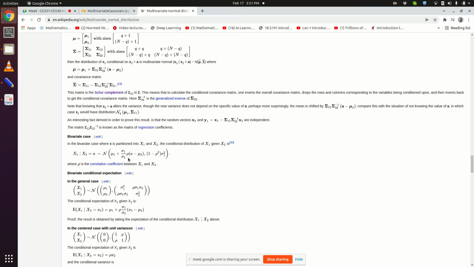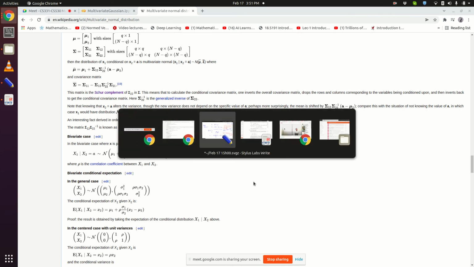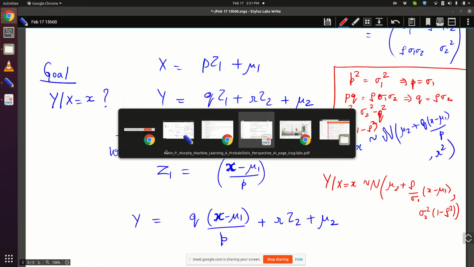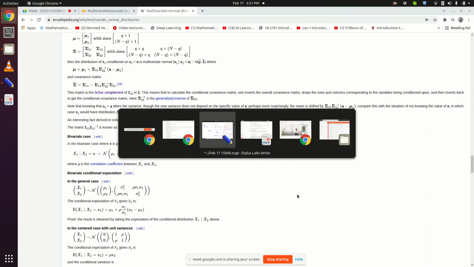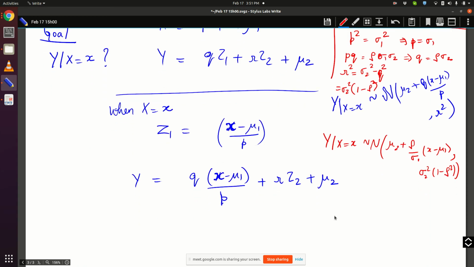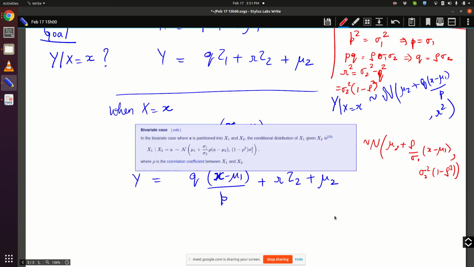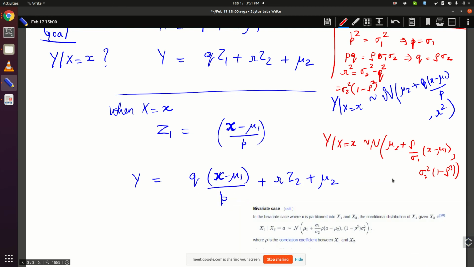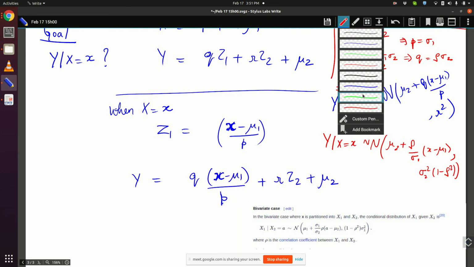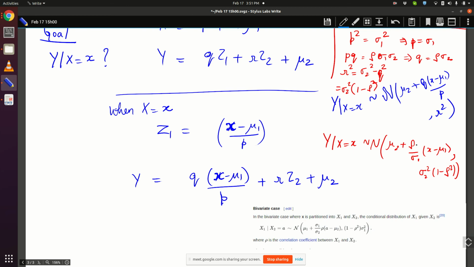So let me copy this term. If you haven't got this, there is some mistake I have made, but if you have got it, then well and good. Looks like I am missing some terms. Can someone help me fix this?